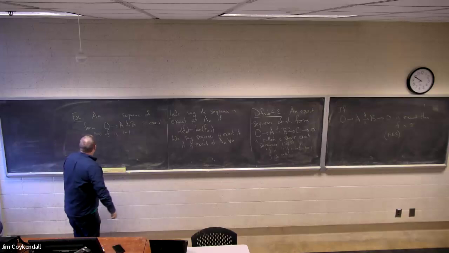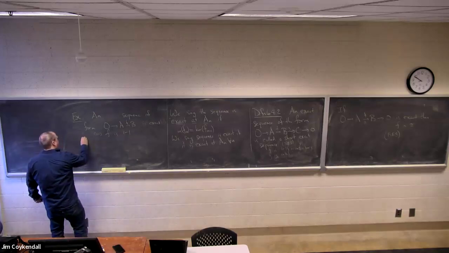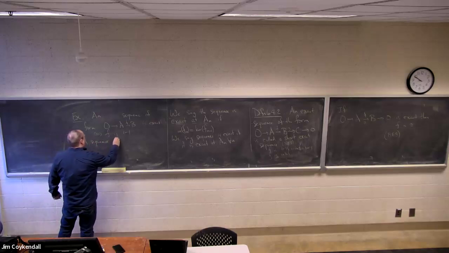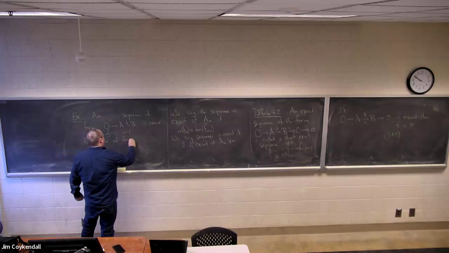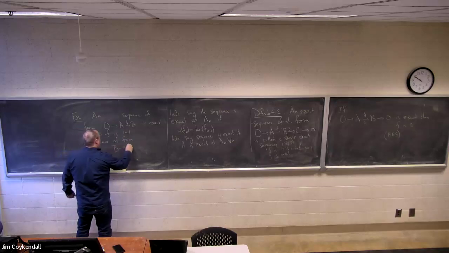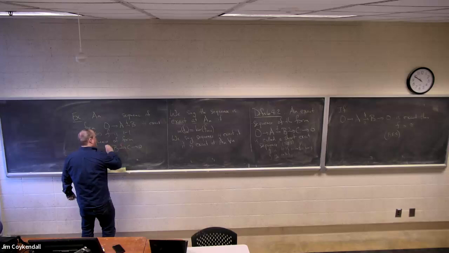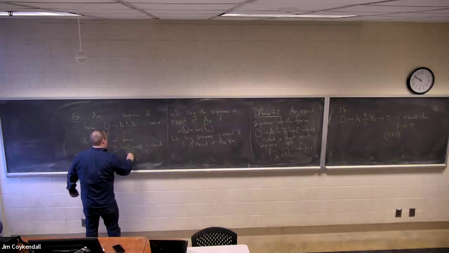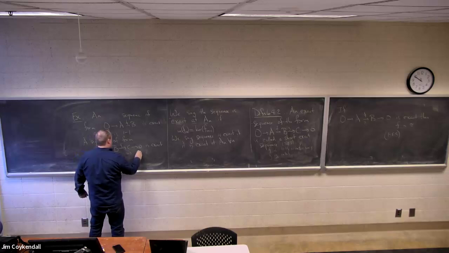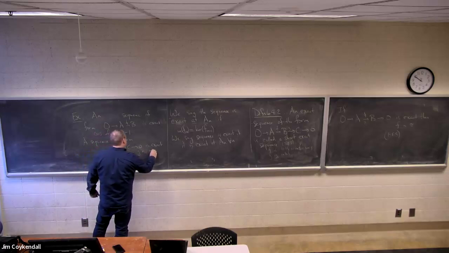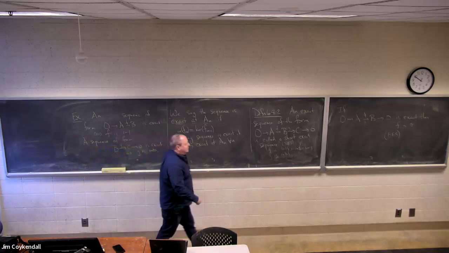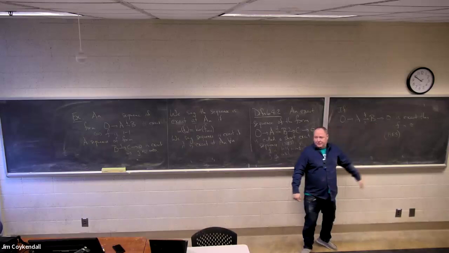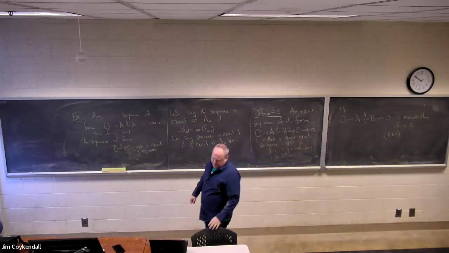A sequence of the form B, C, 0 is exact if and only if G is onto. A sequence of this form is exact if and only if F is an isomorphism, as we've seen.